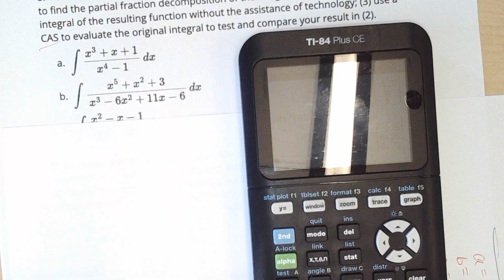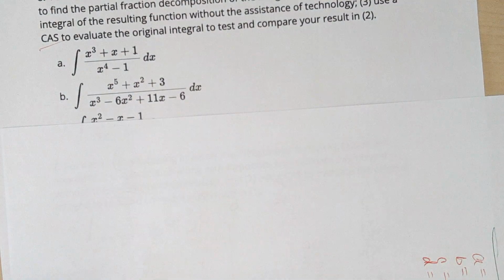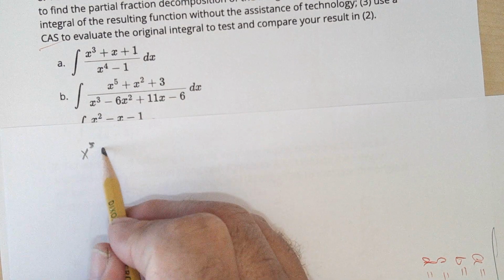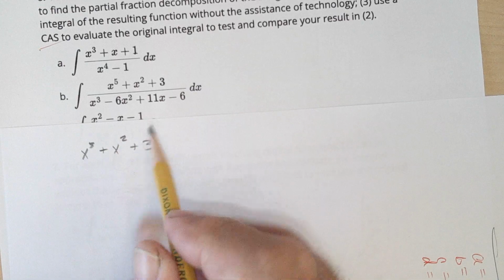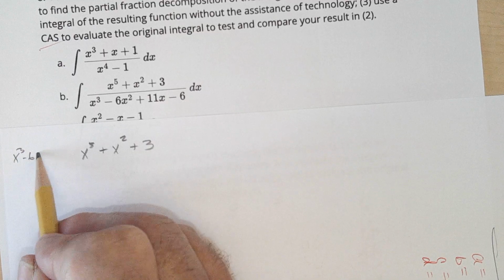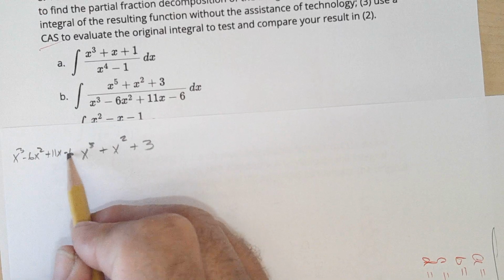Okay. Since the numerator is higher degree than the denominator, the first thing I got to do is long division. So I got to take x to the 5th plus x to the 2nd plus 3 divided by x to the 3rd minus 6x squared plus 11x minus 6.